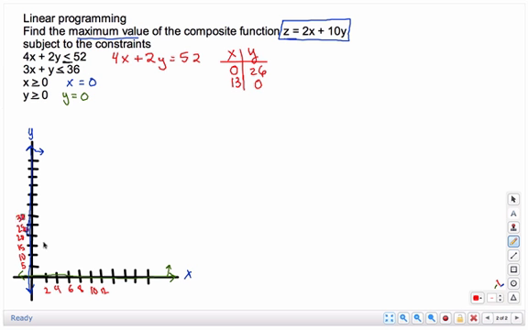I'm not going to stress too much about this and just do the best I can on my graph. So 13, 0 is this point right here, and 0, 26 is just above 25, so right there. I'm going to draw that line, connecting those points.